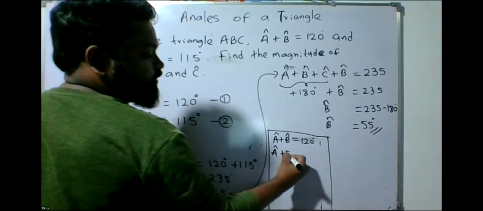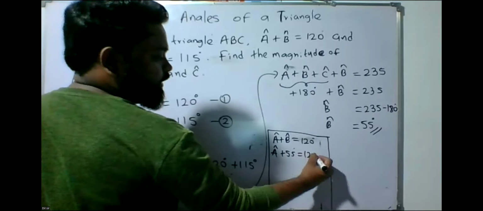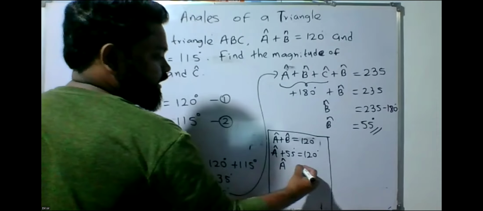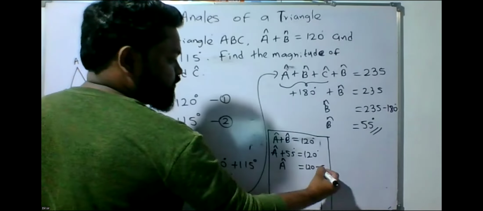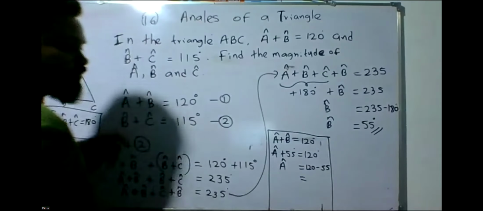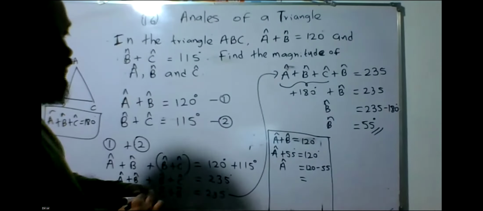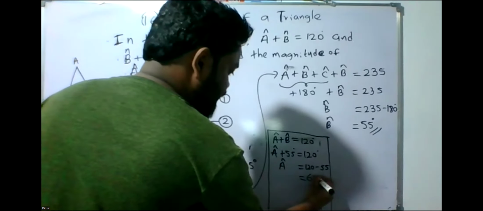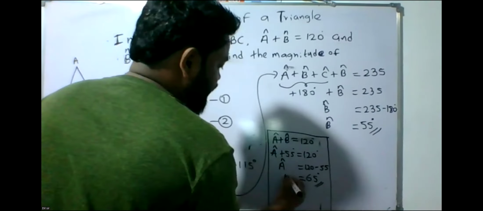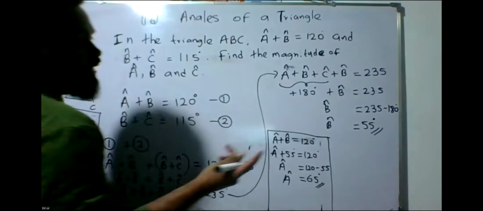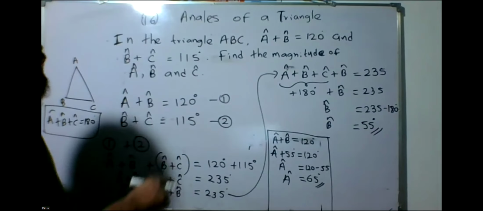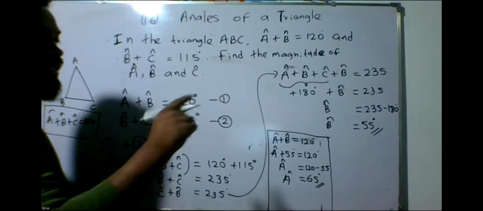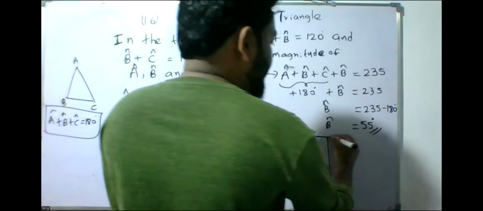A plus 55 equals 120. Then we can find A. A equals 120 minus 55. What is the answer? 65. A is 65. B is 55. Right. Let's find out C now.